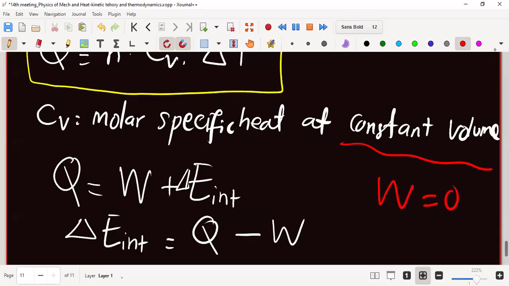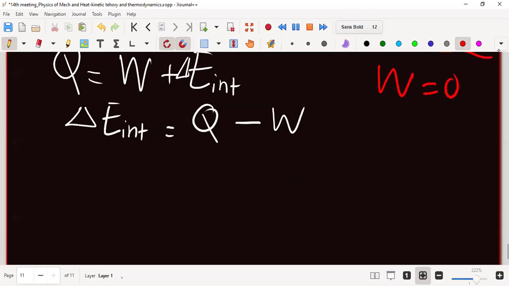So we can write that the change in internal energy is equal to Q, which is n Cv delta T.